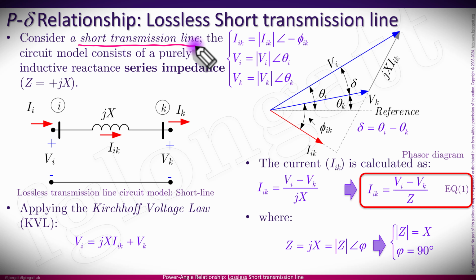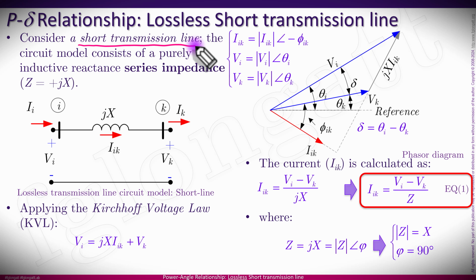However, in many calculations, we can neglect the value of this resistance because typically in transmission systems, the resistance is lower compared to the inductive reactance in the series impedance. And the reason is clear, because we create the transmission lines to transmit active power, so we want to minimize the active power dissipation in the cables.